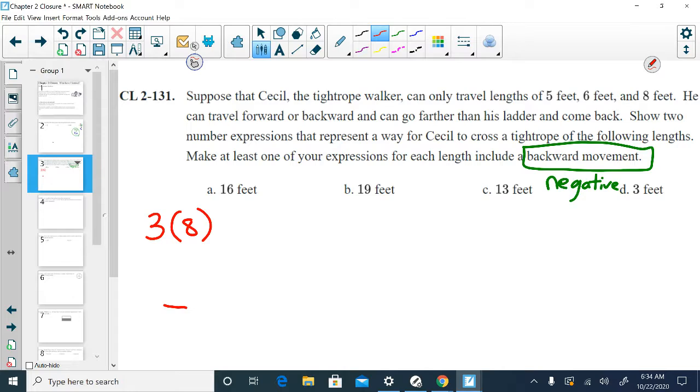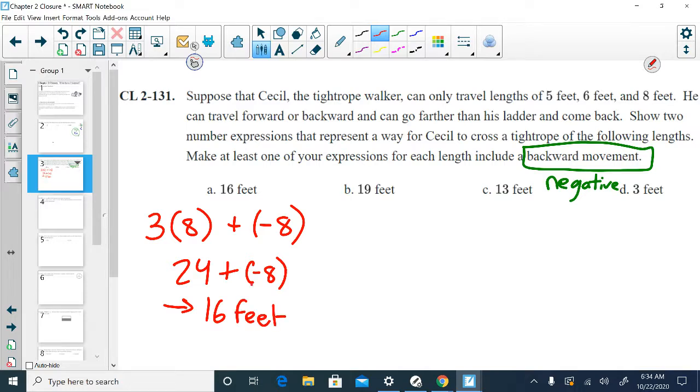Right now we'd be at 24 feet. And so now I'm going to add negative 8. And so then this would simplify to 24 plus negative 8, which would give us the answer we're looking for of 16 feet. And look at this, we threw in our negative number, or integer I should say.